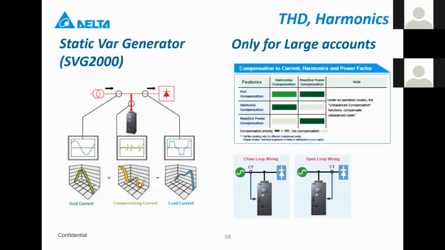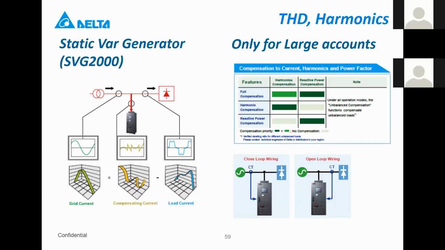And the last one, it's a static VAR generator. The difference between the APF and the SVG, SVG is compensating the reactive power. And by doing this, they also compensate, of course, a lot of the harmonics, but not at the same level as what an active filter is doing.